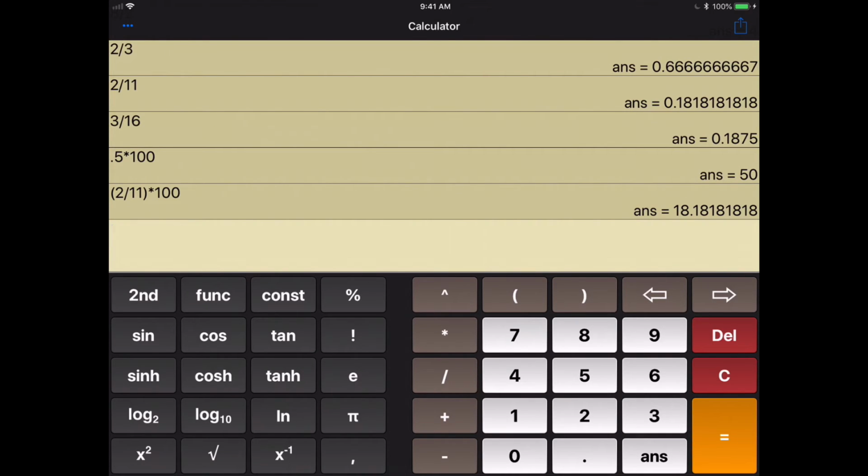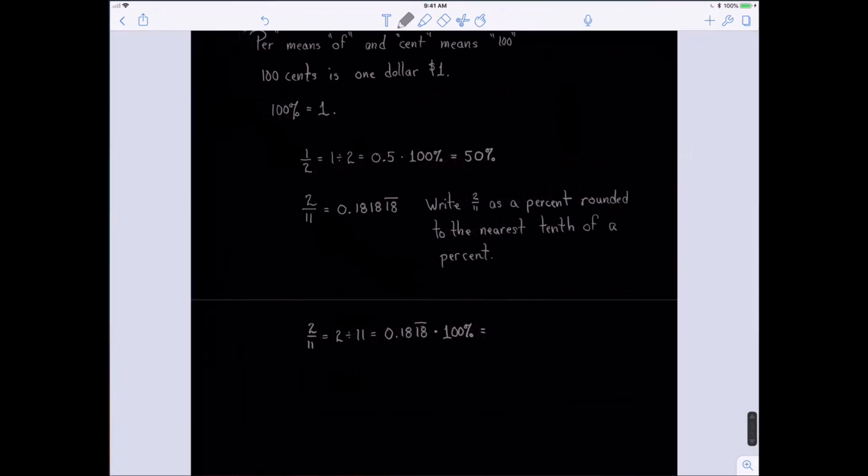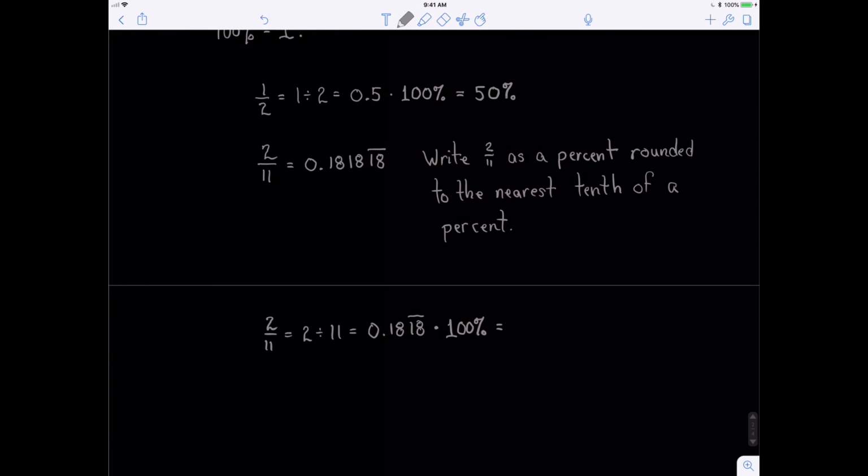And look at what we get: 18.181818, and so on. And so what we can do now is round that. So let's go back to our work. And this gives me 18 point, and then the 18 repeat just goes on and on and on. And now they have a percentage sign.